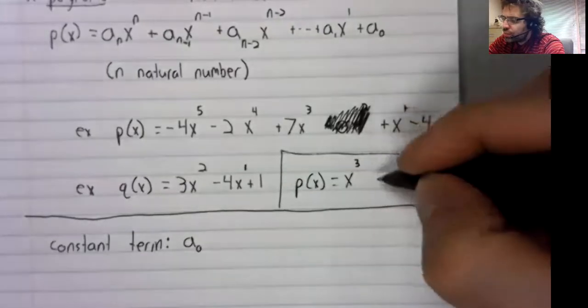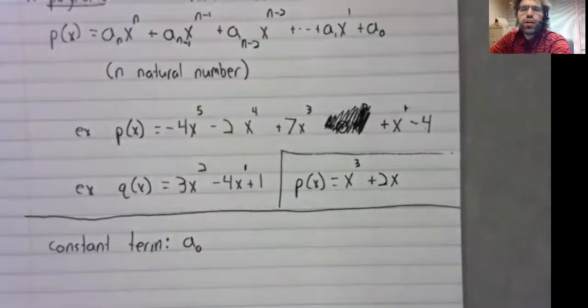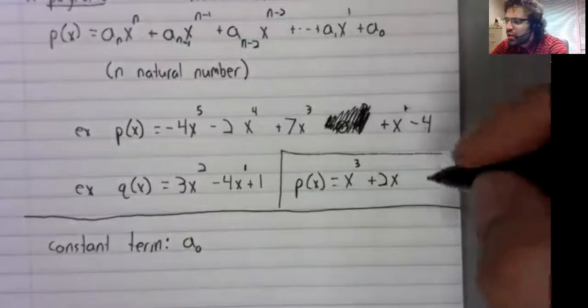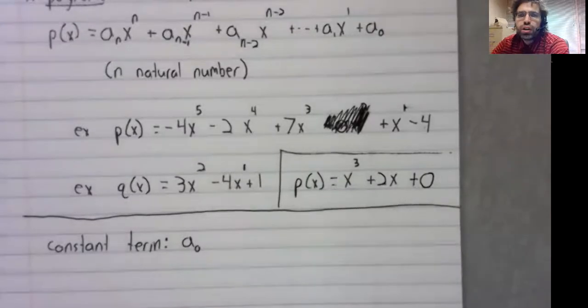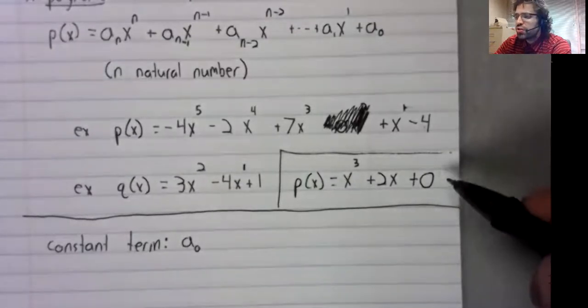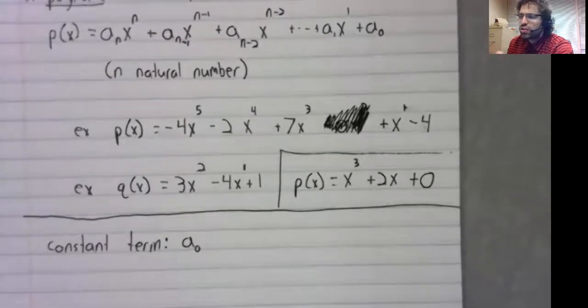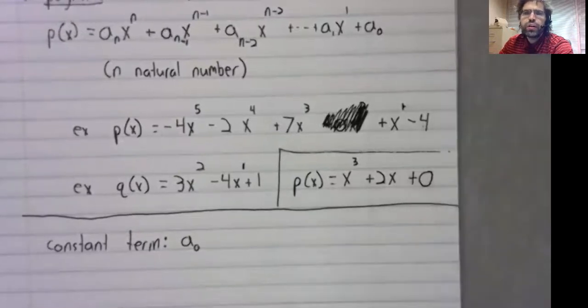Here, we don't have a constant term written down, but similar to what happened up here, you can think that we do have a constant term. It's just that the constant term is 0. So every polynomial has a constant term. It might not be written there, but it does exist.